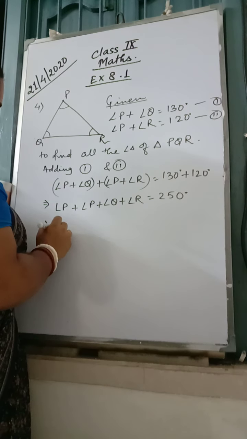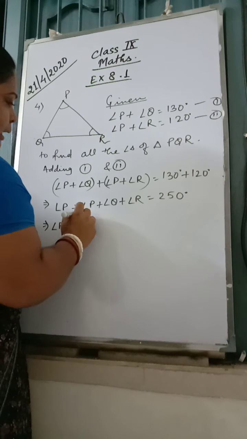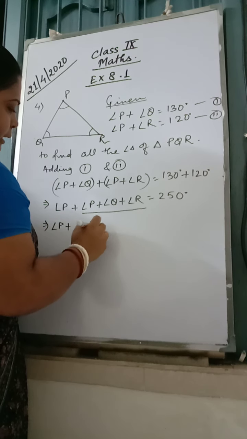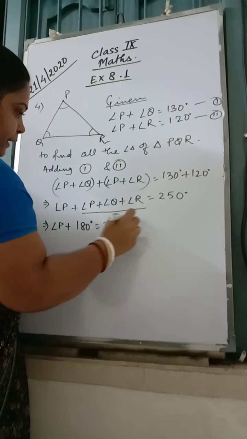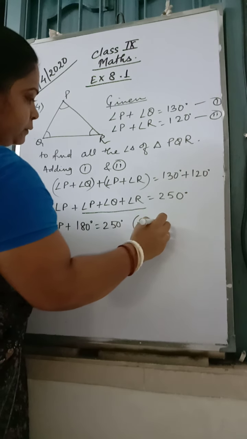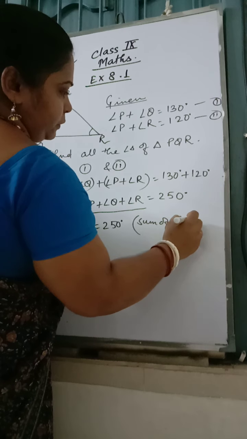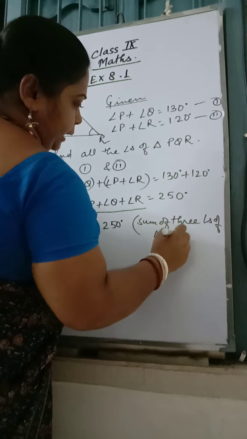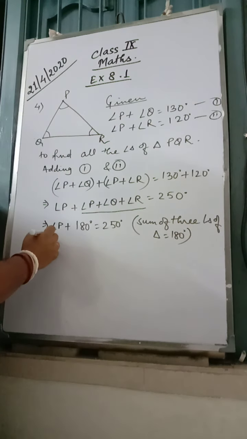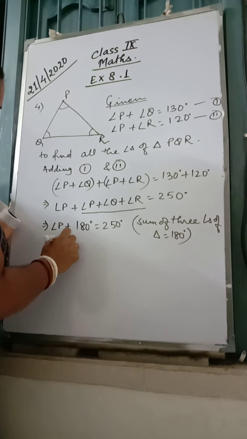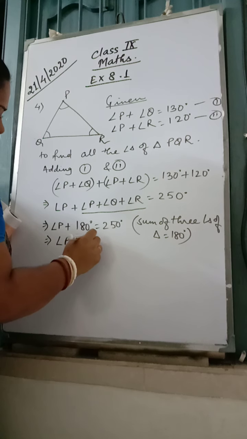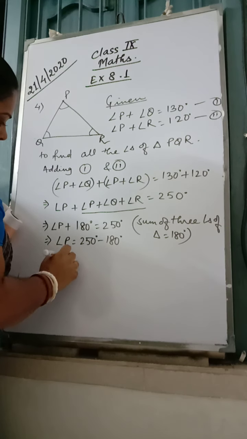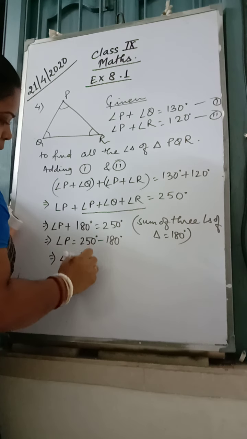Now this angle P I am writing as angle P, and angle P plus Q plus R I can write as 180 degree, so 180 degree plus angle P is equal to 250 degree. Why? Sum of 3 angles of a triangle is 180 degree. Or angle P is equal to 250 degree minus 180 degree, or angle P is equal to 70 degree.